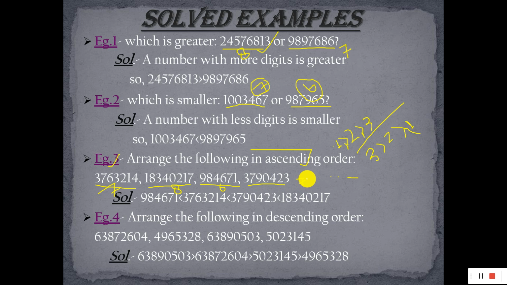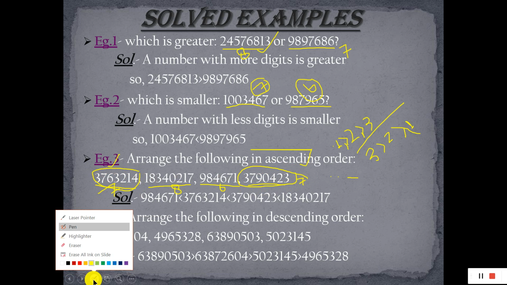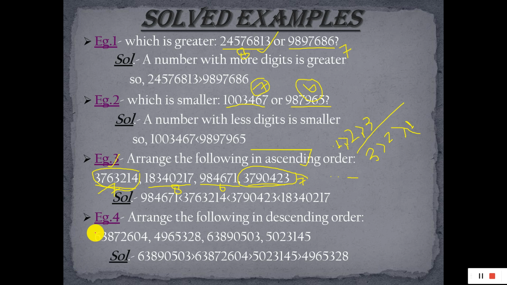And here you see that this number and this number have the same number of digits. So what can we do? We compare the leftmost digit. There is 3 and there is also 3. Both are equal, so we move on to the next. This is 7 and this is 7. Both are equal, so we move to the next one. This is 6 and this is 9.